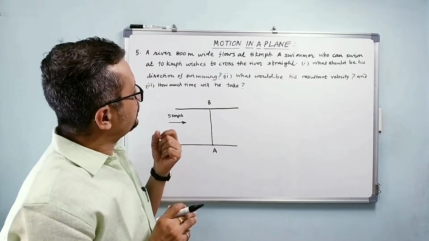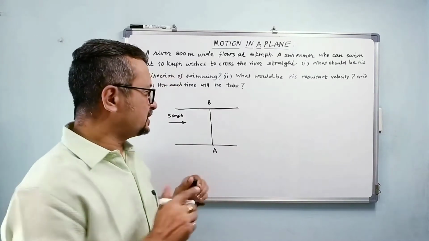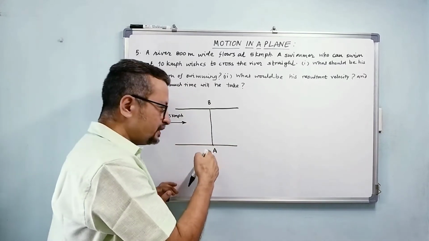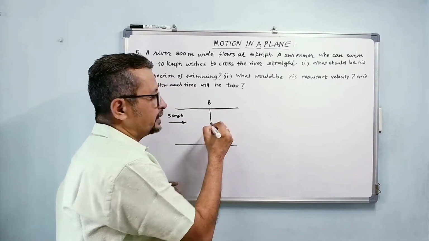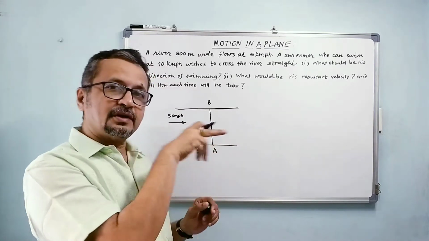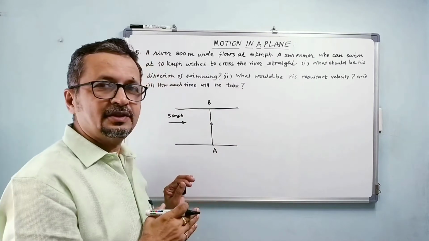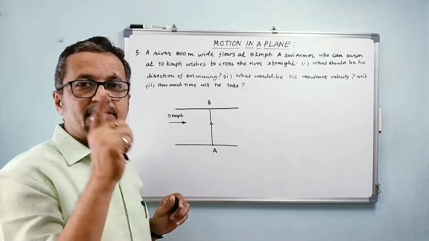Now he can swim at 10 kilometer per hour, but suppose from A to B he wants to go, and if he swims in this direction, from A to B, because of the river current, will he not be pushed in this direction? So he would reach somewhere here, correct? But where does he want to go?